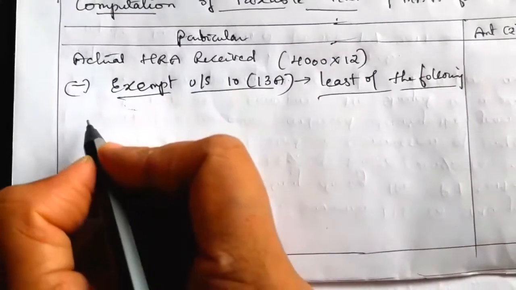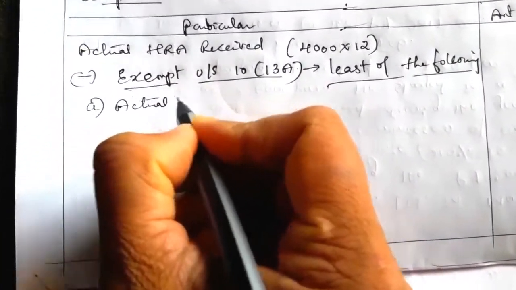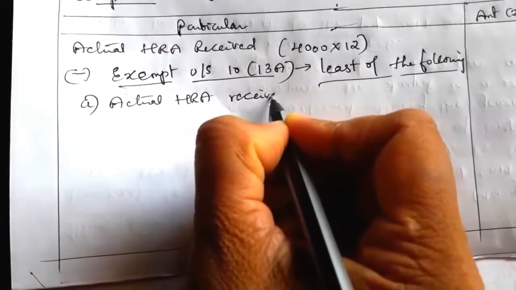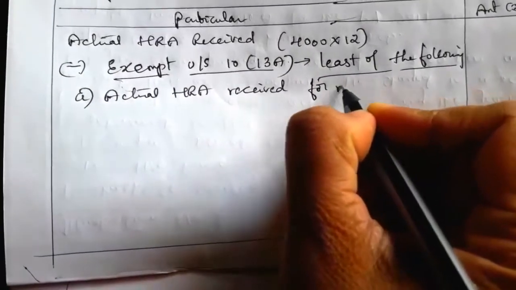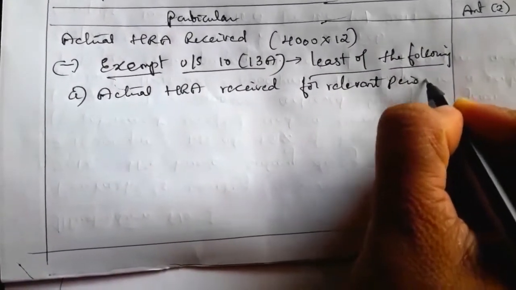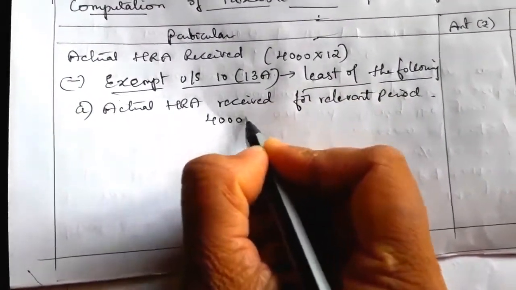So we have 3 criteria here. First one is actual HRA received for the relevant period. So here we have to take the same value, 4,000 into 12.